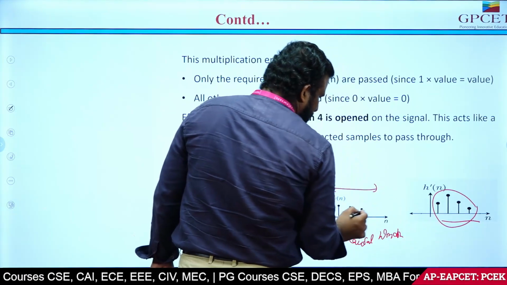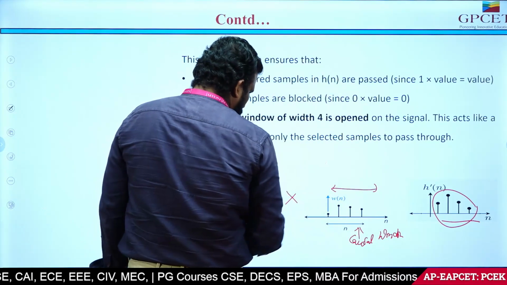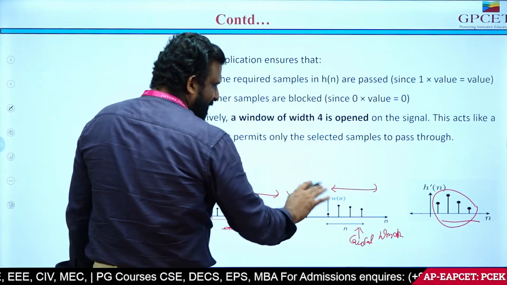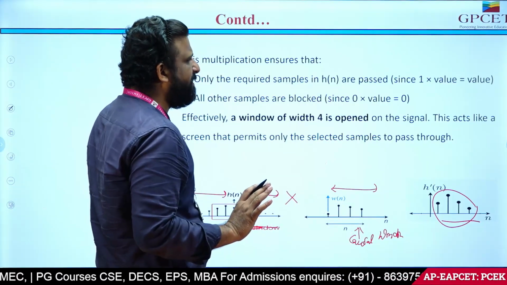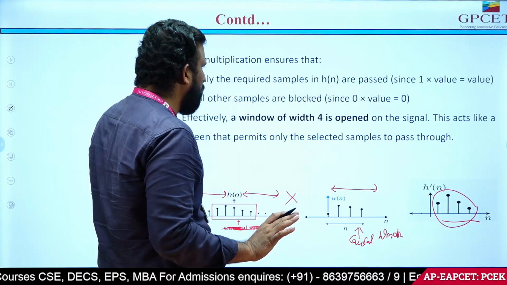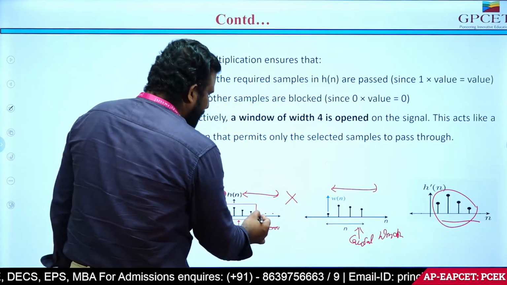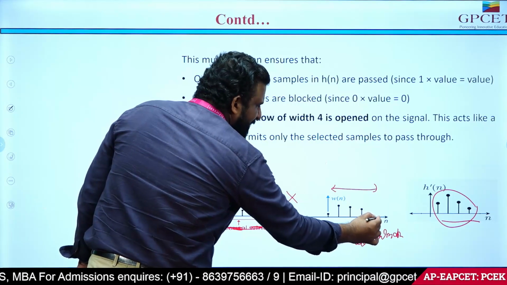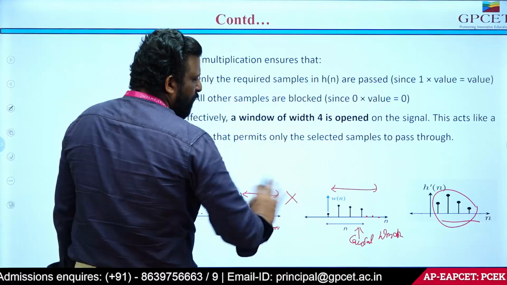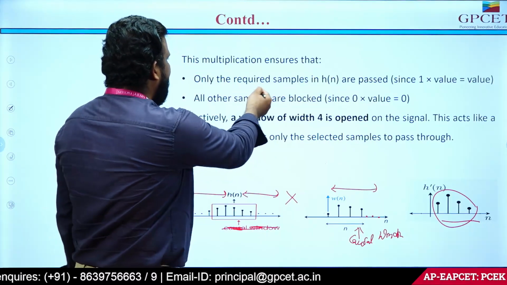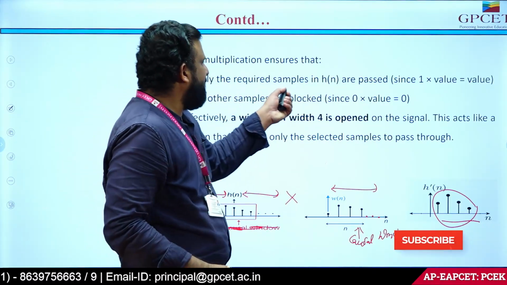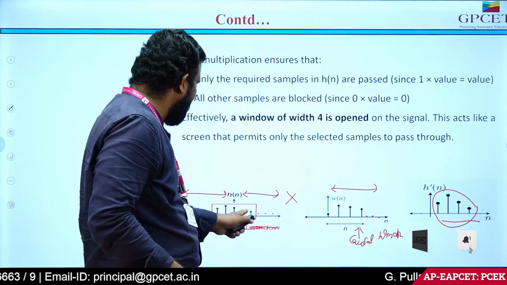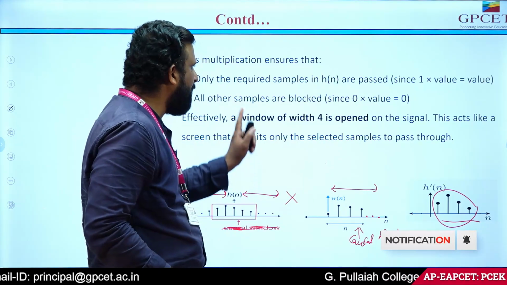So I get 1 into 0, 1 into 1, 1 into 2, 1 into 3, so only the values present where the window is equal to 1 are present, and the remaining values are all equal to 0. That's why no other values will be obtained. So here we can see only the required samples of h of n are passed.